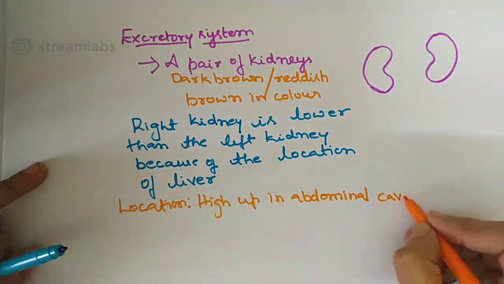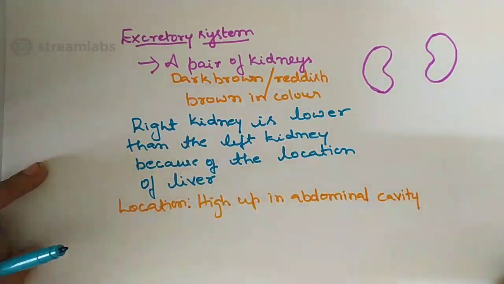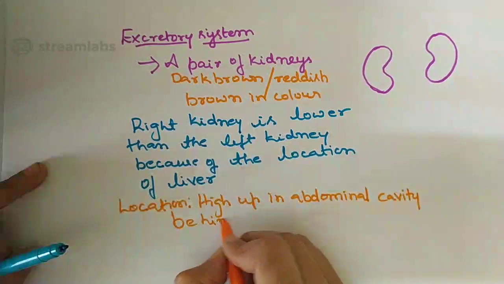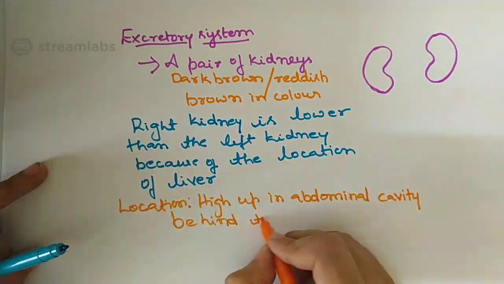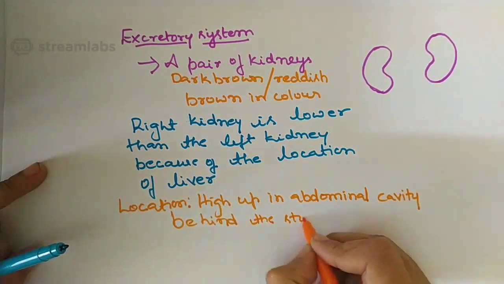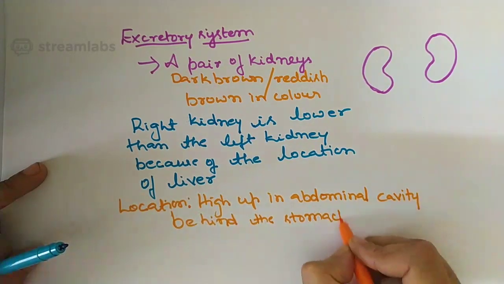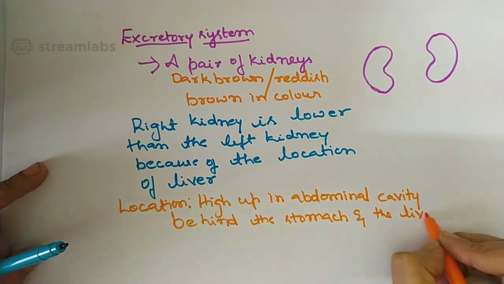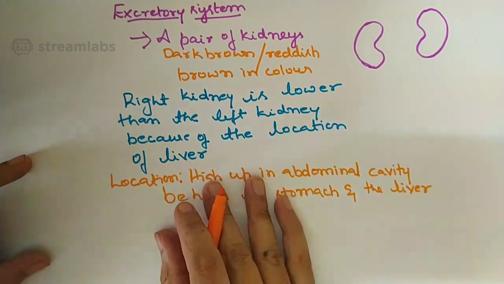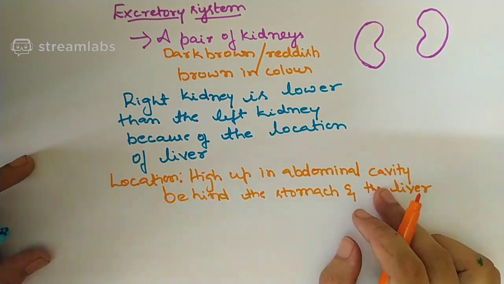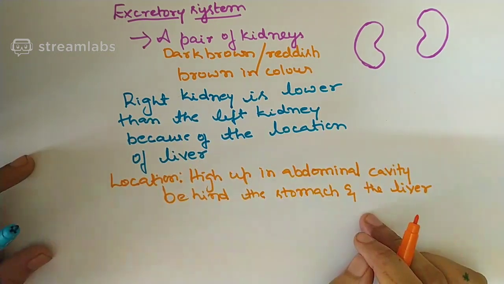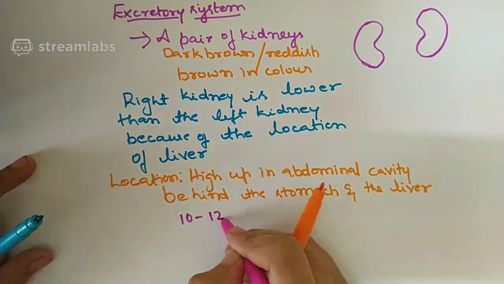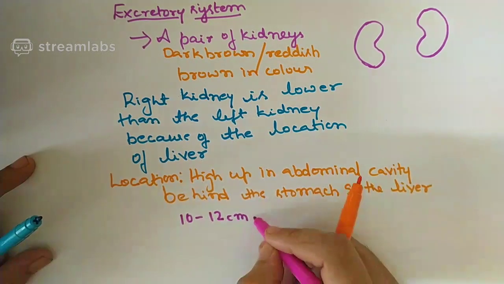Abdominal cavity, high up in the abdominal cavity, behind, where is it? It is behind the stomach and the liver. Okay, so location is high up in the abdominal cavity, behind the stomach and the liver. The size is 10 to 12 centimeter long.